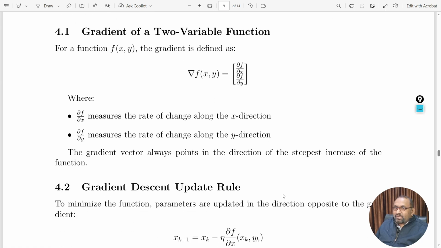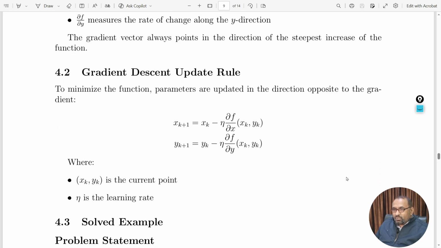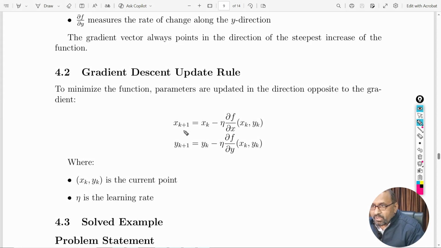The gradient vector always points in the direction of the steepest increase of the function, and here we have these two equations. x_{k+1} is equal to x_k minus eta times ∂f/∂x at (x_k, y_k), where x_k and y_k is the current point. And second, y_{k+1} is equal to y_k minus eta times ∂f/∂y at (x_k, y_k).